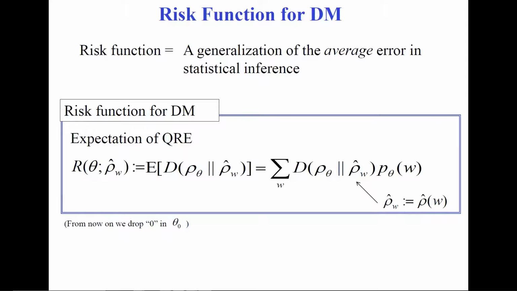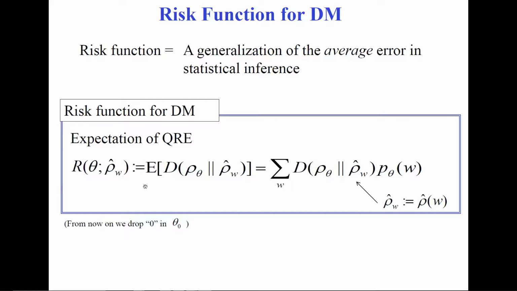Now we introduce the risk function in order to evaluate estimating methods in quantum state tomography. Please recall that the risk function is a generalization of the average error in statistical inference. Here we define the risk function as the expectation of the quantum relative entropy from the true density matrix to the estimated density matrix.